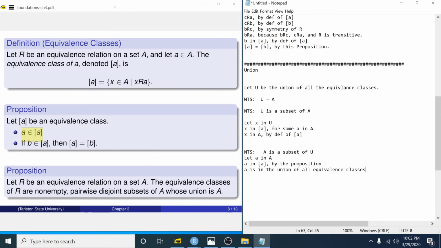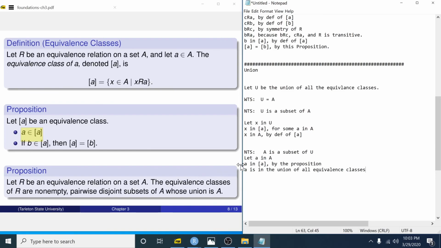As a reminder, if you have a whole bunch of sets, the union of all those sets is the set of all elements that are in at least one of those sets. So if I'm trying to take the union of all equivalence classes, that's going to contain any element that's in any of the equivalence classes. So if something is in a single equivalence class, it's going to end up being in the whole union.